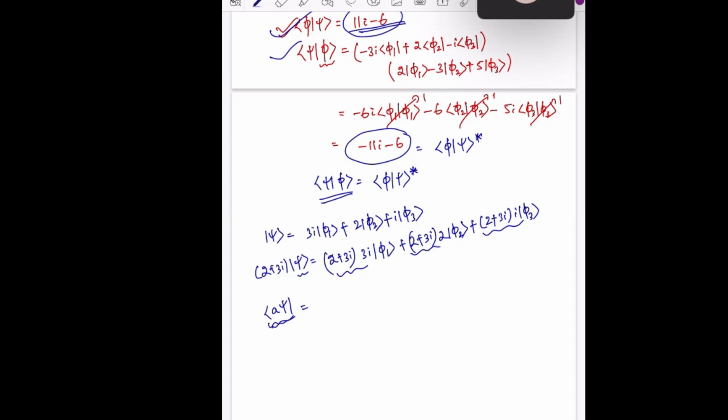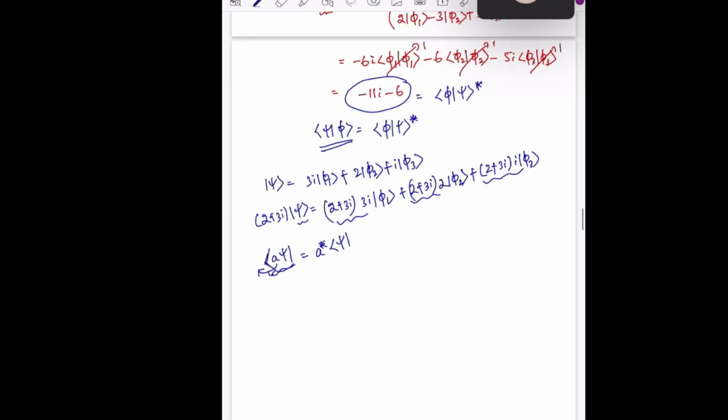If you want to take the constant out of the bra notation, then you have to take the complex conjugate. For the ket vector it is okay, you can write it as is, but for the bra vector it will be the conjugate, so you take the complex conjugate of this constant, which is minus 2i.